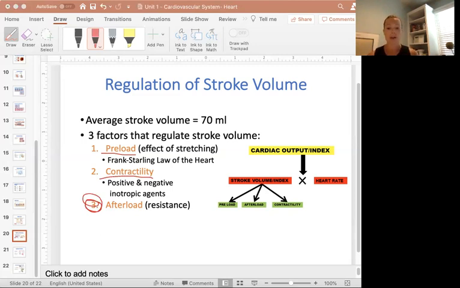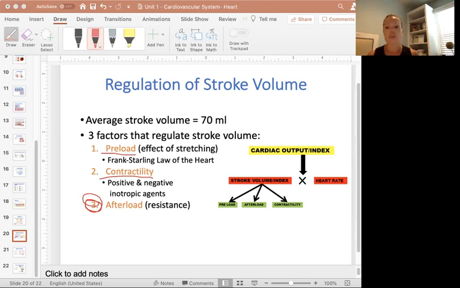If there's more blood filling a ventricle, there's going to be more stretching of that ventricle. As a result, that's going to lead to a stronger contraction, which makes sense because it's going to contract more strongly in order to eject that greater amount of blood that was causing that greater stretching.